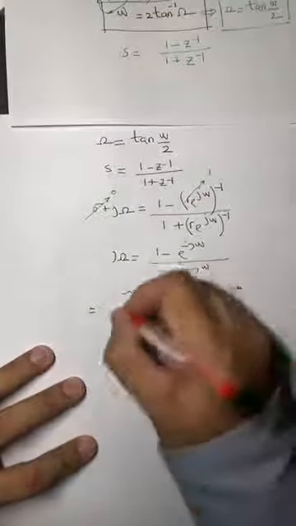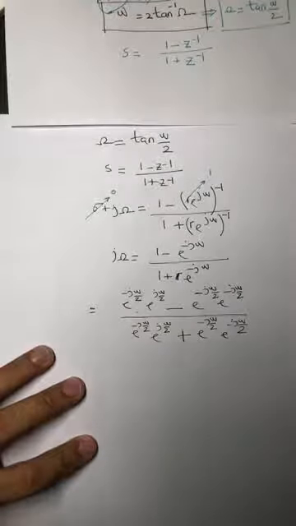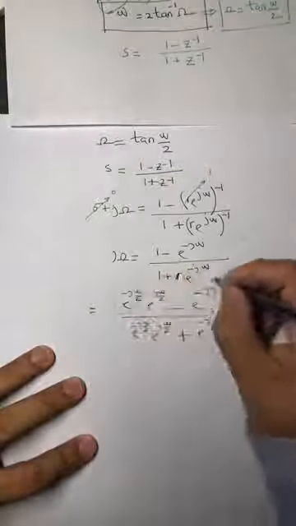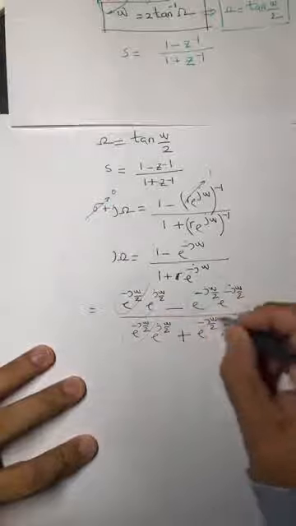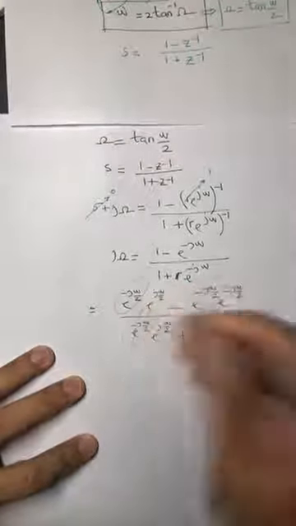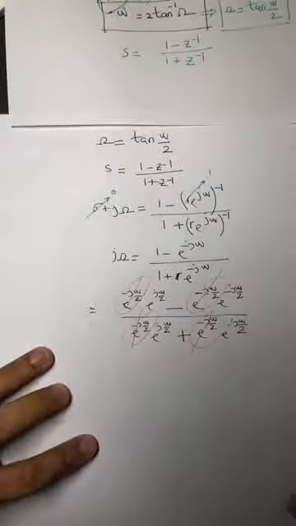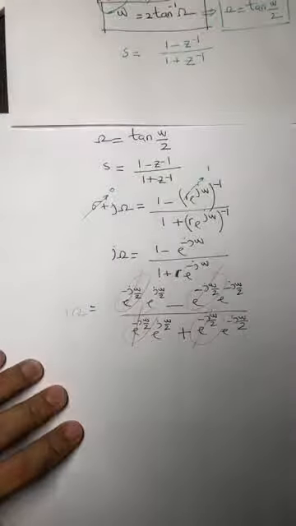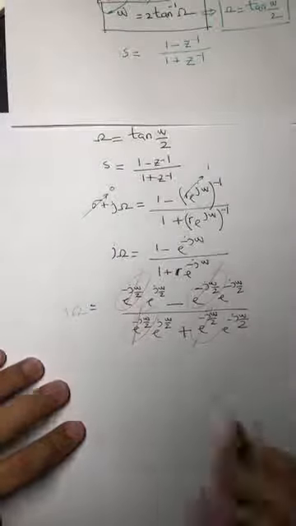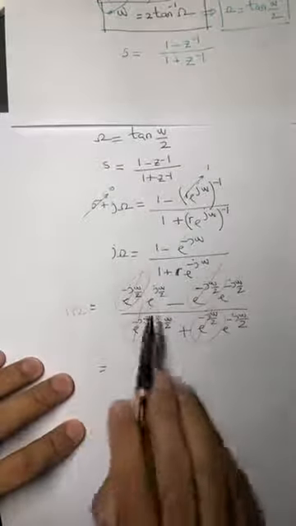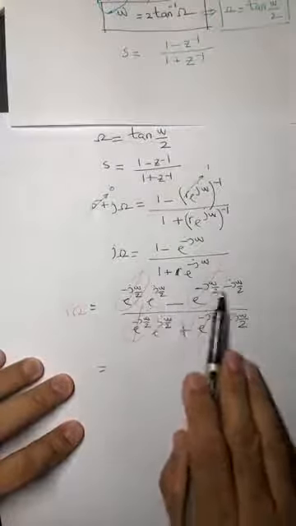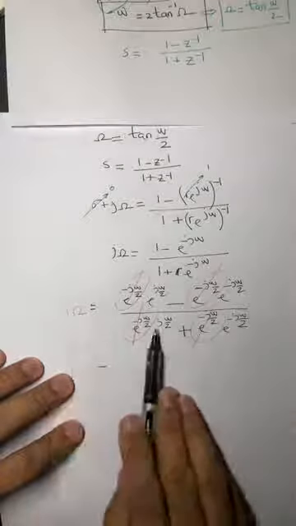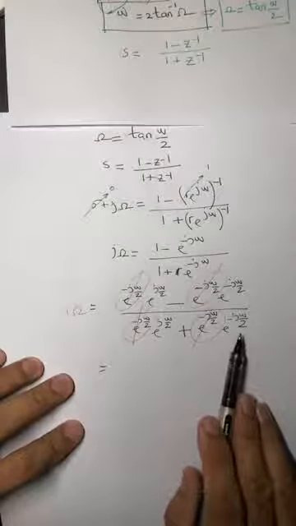Now as you can see, we can take this as common. This has common, this has common, so they cancel out, and this is j omega. So now you are left with exponential j omega over 2 minus exponential minus j omega over 2, divided by exponential j omega over 2 plus exponential minus j omega over 2.